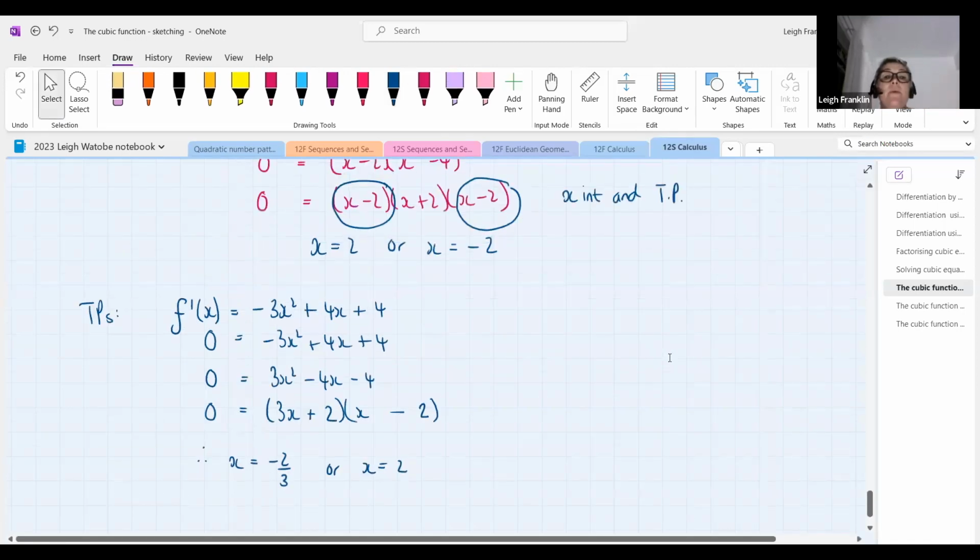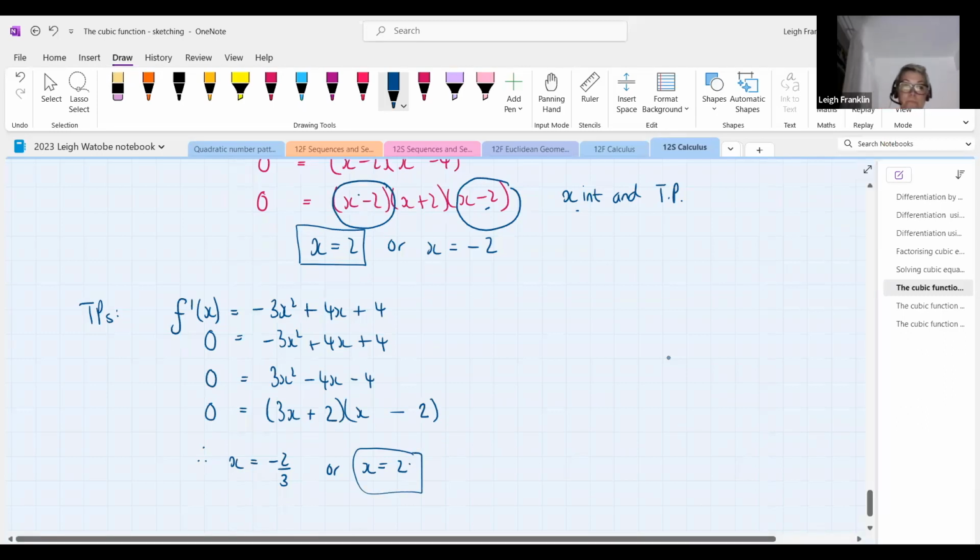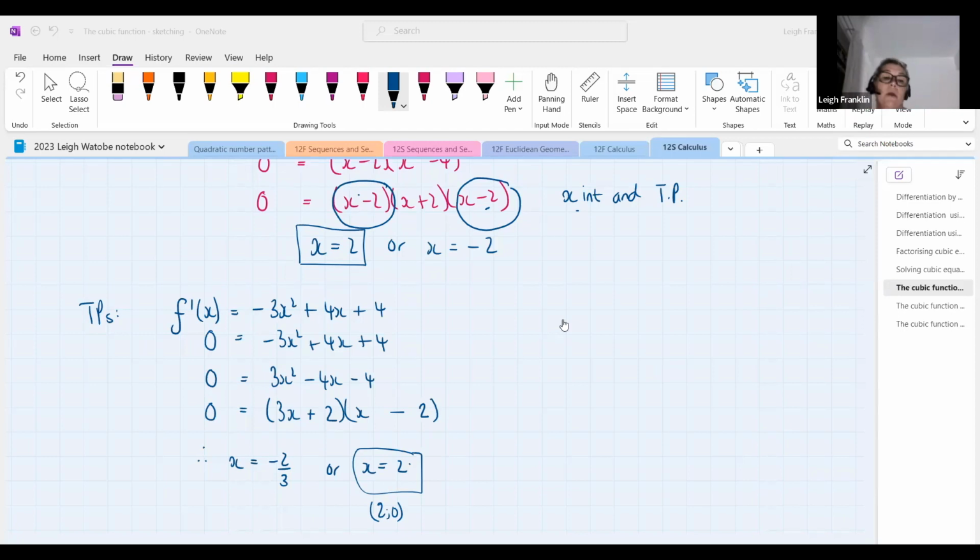Okay, do you see what I mean when I said when the bracket doubles up like that? That value of x is going to be an x-intercept, and you can see here it is a turning point as well. Okay, so you know that one turning point is at 2 and 0. Now you need to take this and sub it back into your original equation.